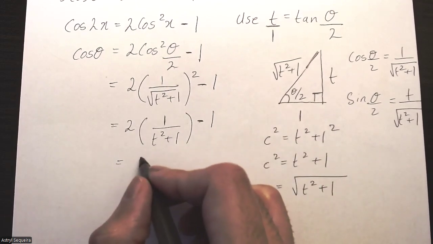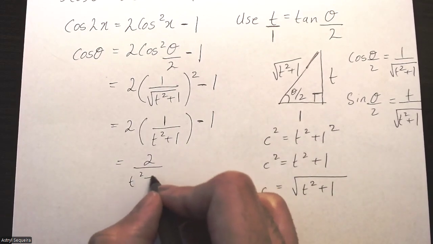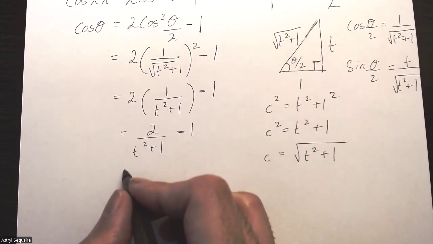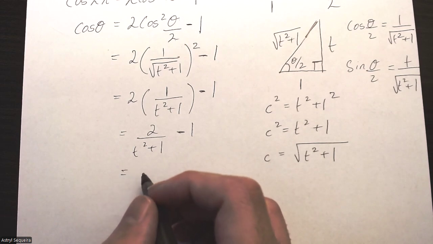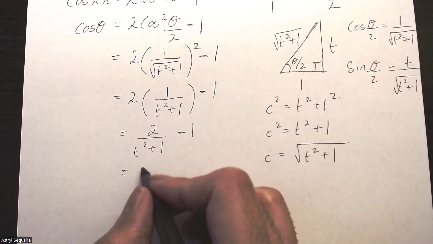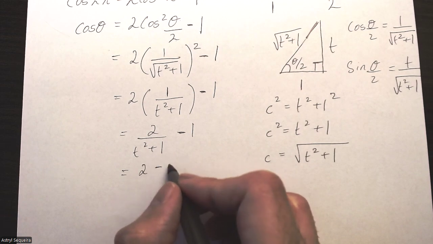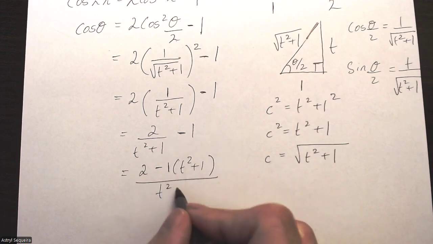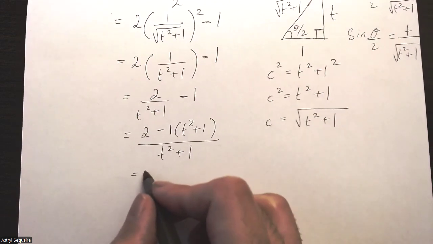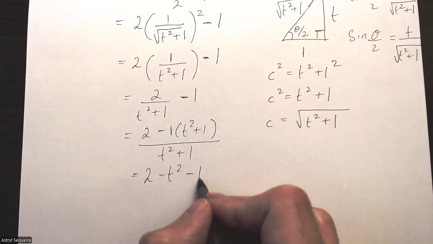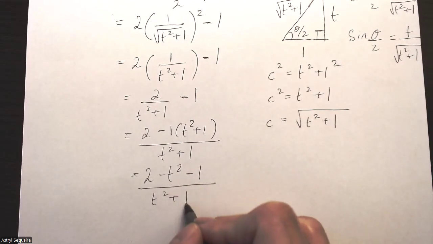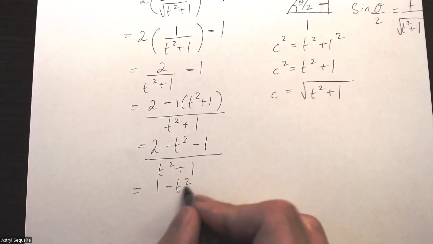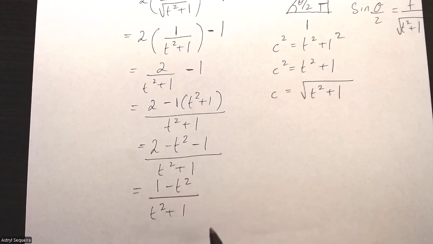Multiply that in. Then I can make a common denominator here, and then just simplify the top, to finally give me 1 minus t squared over t squared plus 1.